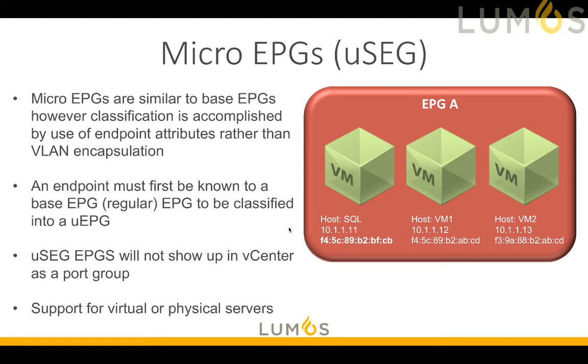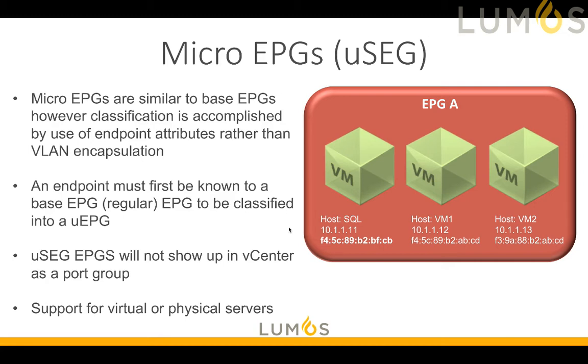So again, the biggest difference is that we're using these more for attribute-based isolation, meaning I'm going to go in, I'm going to set some attributes for this EPG, I'm going to tie it to a domain, physical, virtual, and whatever host that I've decided to match on, it's going to go out, grab those, and move them into this USEG EPG. So that's really the use case for these guys. I would say there's a couple use cases. One, it would be more of a security focus, right?